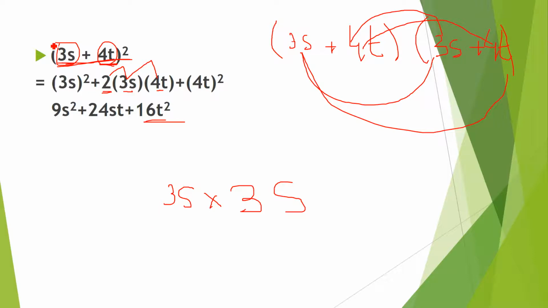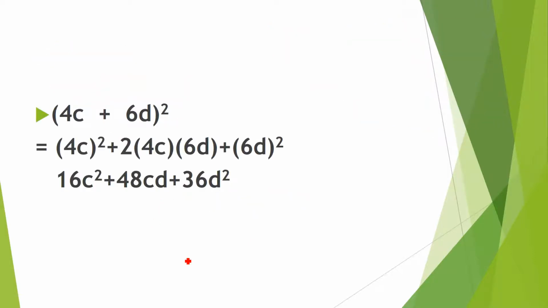Right, but you try to use a plus b whole square. Okay, last question we will discuss. This is 4c plus 6d. Now instead of a and b I have used the letters c and d, right? So again, if you want to try 4c plus 6d, write down 2 times. You can practice it if you want, but you will find out the same answer.